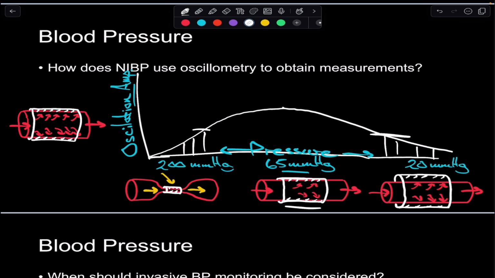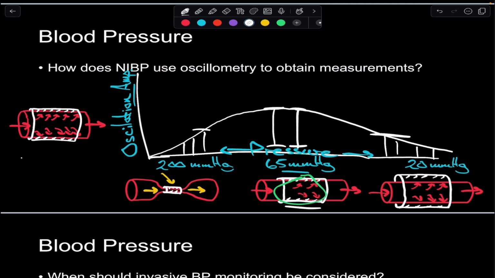But right here in the middle, you have the maximum amount of oscillations because the cuff around the patient's arm is in the perfect amount of contact with the wall of the artery. At this point, this is the mean arterial pressure, and you can use that to derive the systolic and diastolic pressures.